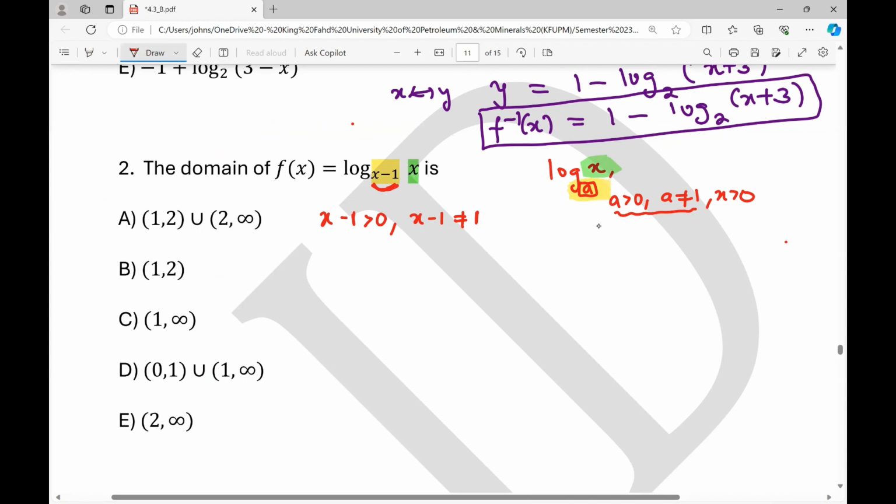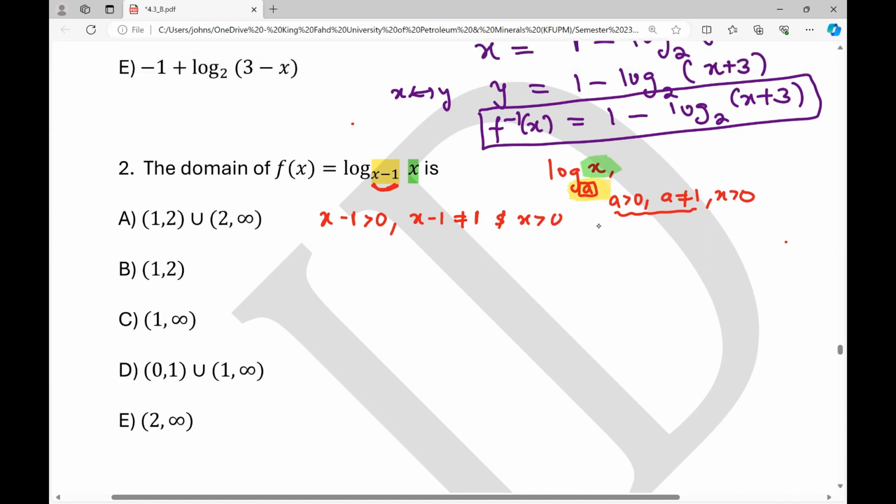And it means that this x has to be greater than 0. So all these conditions need to be satisfied. But x minus 1 greater than 0 means x is greater than 1. And also, you can use and because all these conditions need to be satisfied. This means that x is not equal to 2. And x has to be greater than 0.